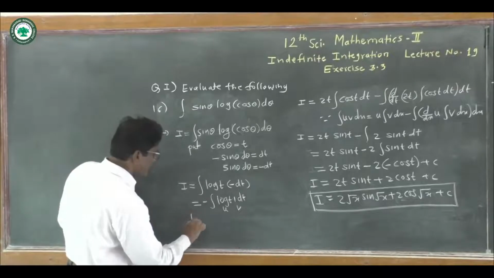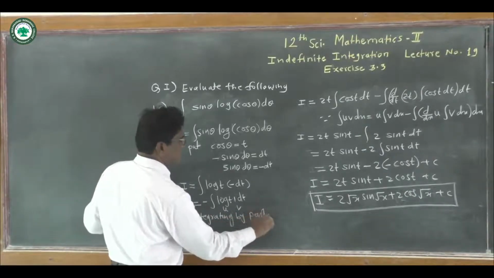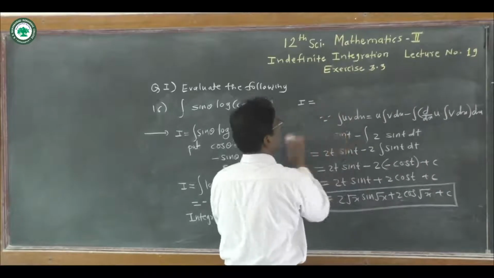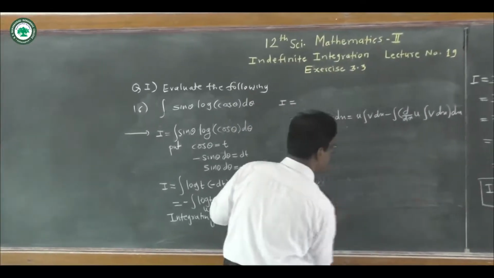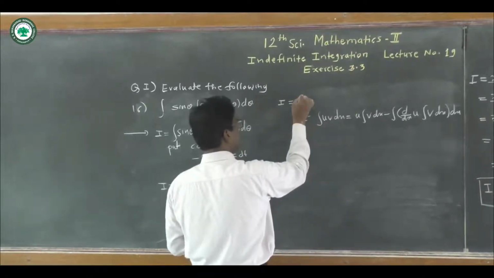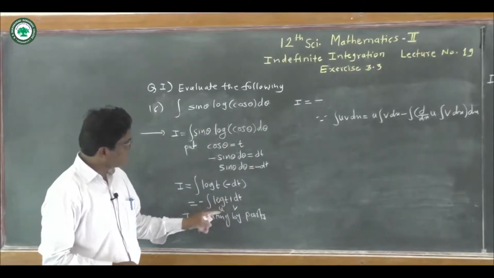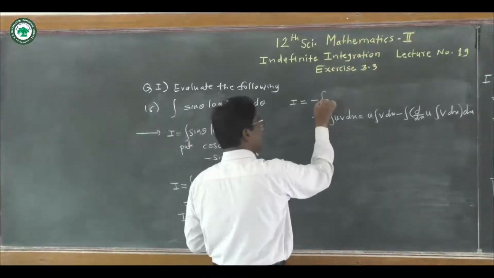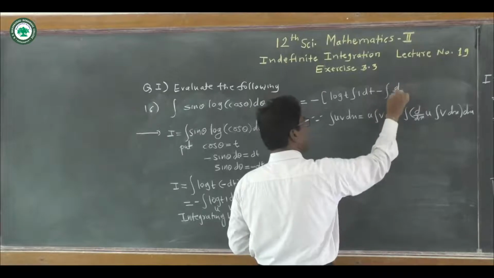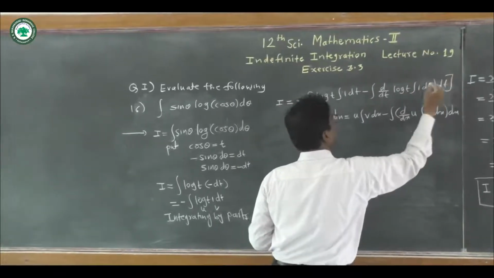Integrating by parts again, and therefore I is equal to minus sign as it is, and now here log t as u and 1 as v, so u into integration of v, so log of t into integration of 1 dt minus integration of d by dt of u, log of t, and integration of 1 dt, and write dt again and complete the square bracket.